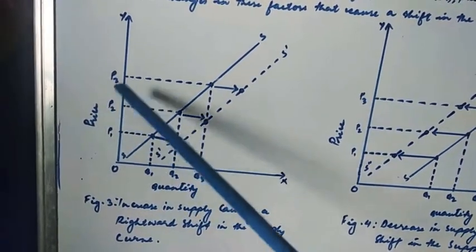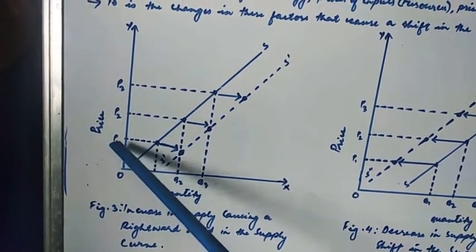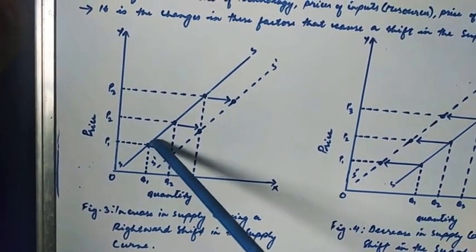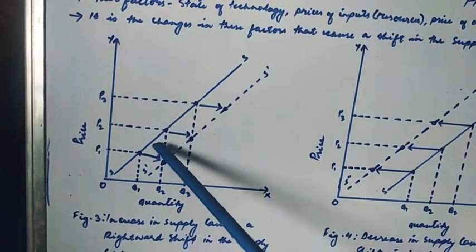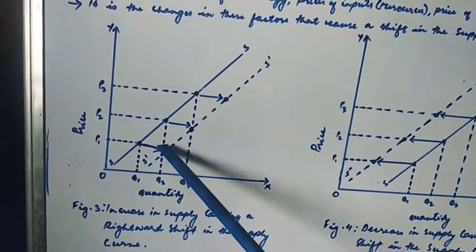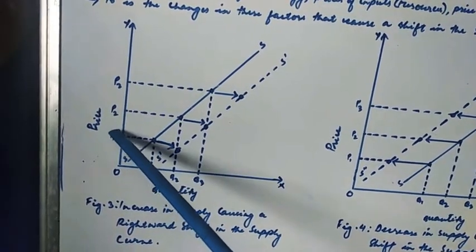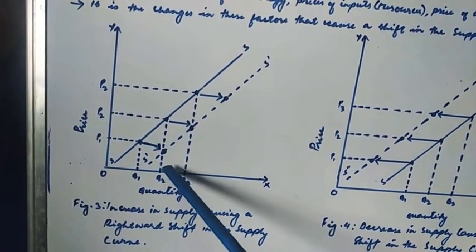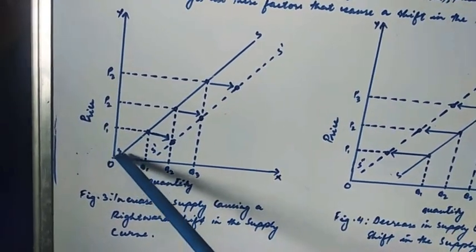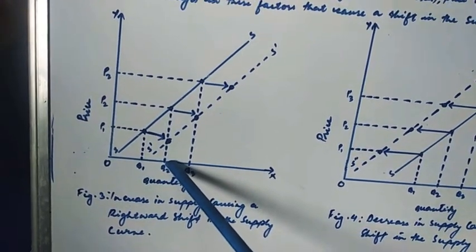At the same price, that is at price OP1, more quantity is supplied here. Earlier it was supplying only OQ1. Now at the same price OP1, it can supply OQ2 amount of commodity.